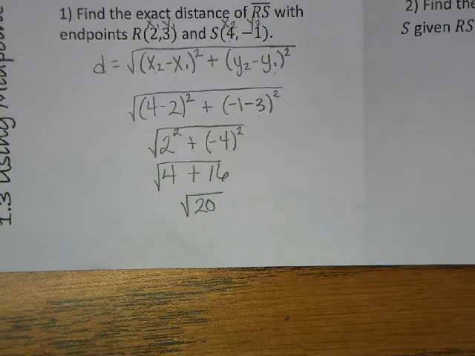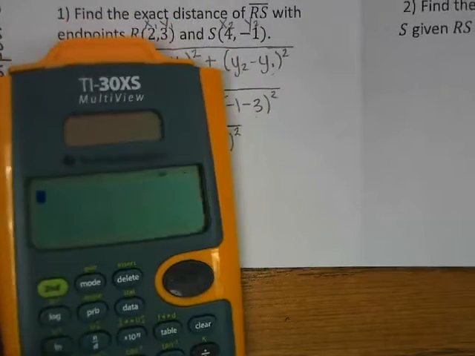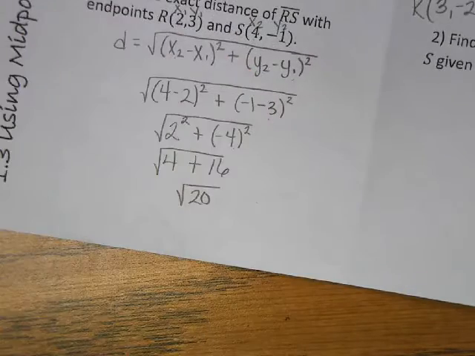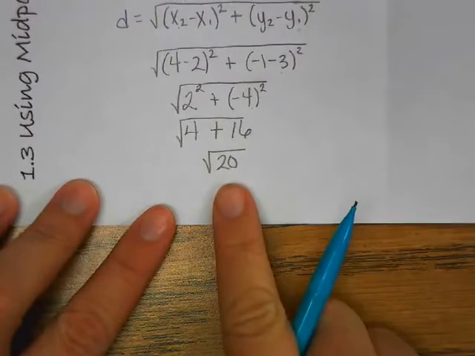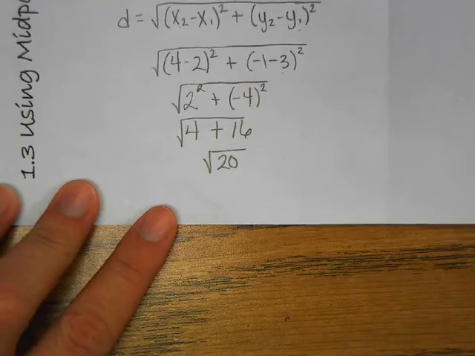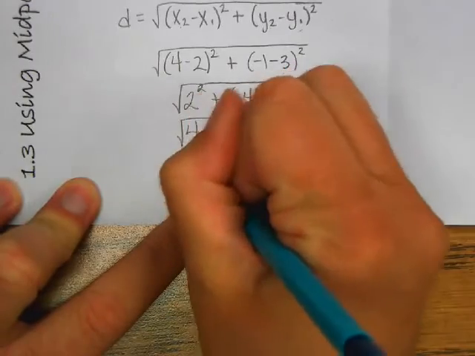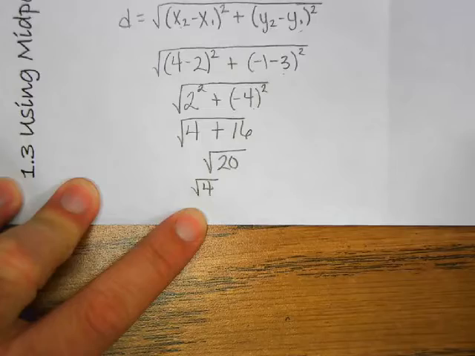Now, if you have a scientific calculator, it will simplify that radical for you. So here's a scientific calculator. Square root of 20 should be 2 root 5. Now, if you're not sure how to do that without a scientific calculator, you want to figure out what perfect square goes into 20 evenly. And the perfect square that goes into 20 evenly is 4.